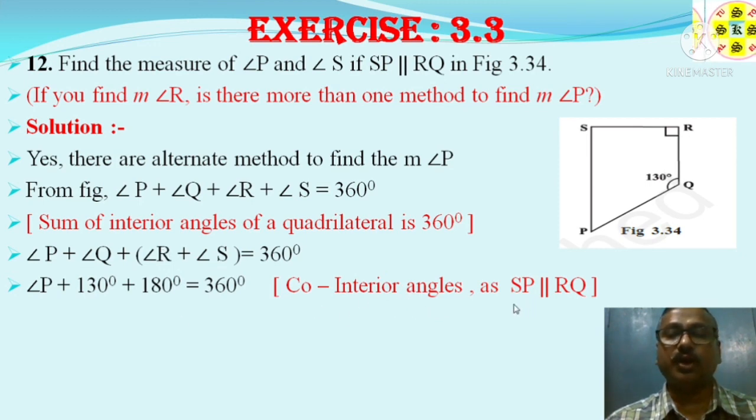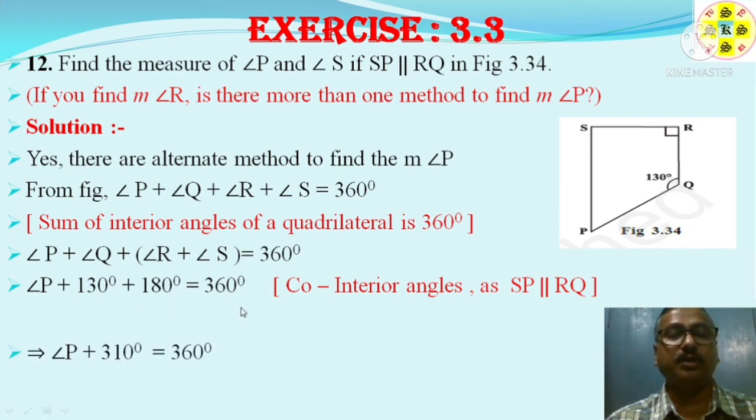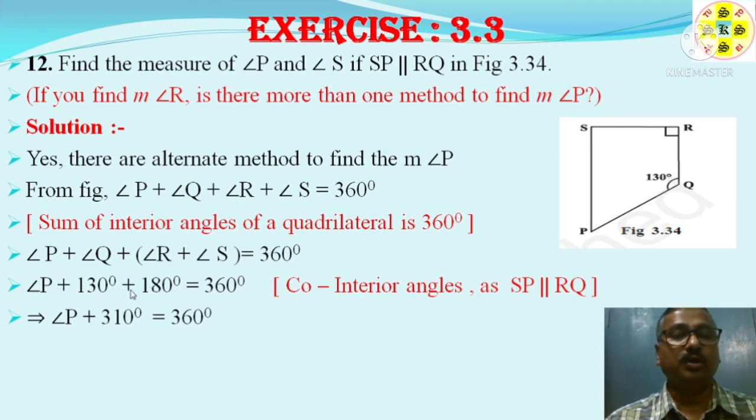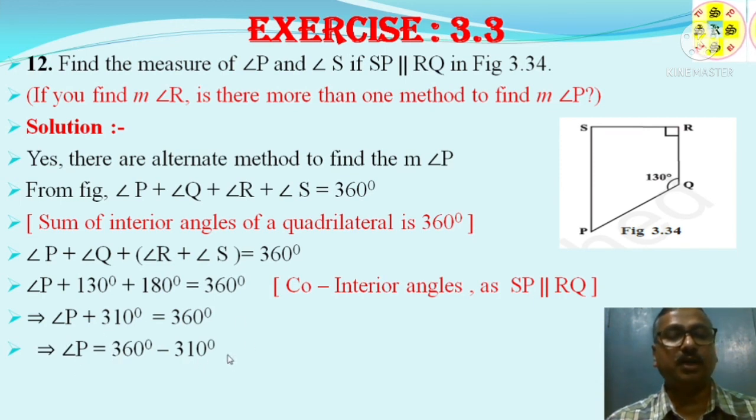Now P plus Q, which is 130, plus 180 equals 360 degrees. Adding, this becomes 310 equals 360, so P equals 360 minus 310, so ultimately P equals 50. In the earlier method we also found P equals 50, here also P equals 50.